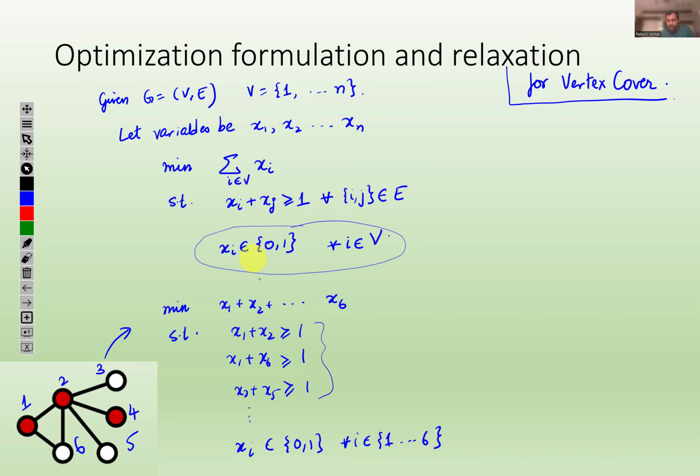Well, remember that this thing, the optimal of this. So let me write two properties of this formulation. So suppose I write z equal to this.